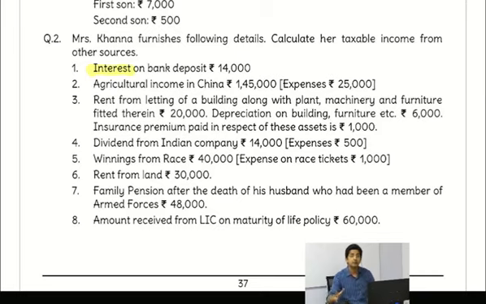Composite doesn't mean a mixture of many things; composite means a mixture of building plus other assets. Why is building in the limelight? Because a building is a four-wall and roof structure for which there is a separate head of income, house property. Only when there is building plus other things do you say composite. If the word building was missing, I would not have said composite. I would have said rent of other assets.